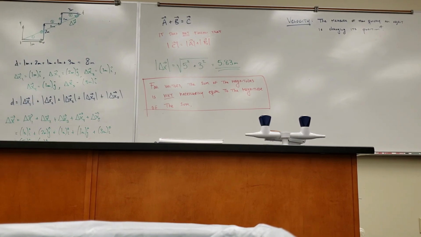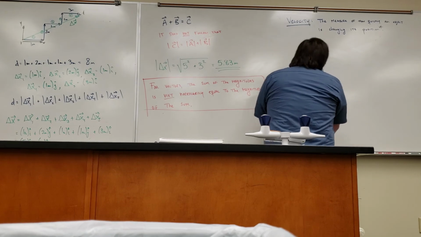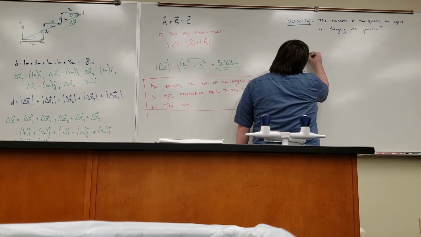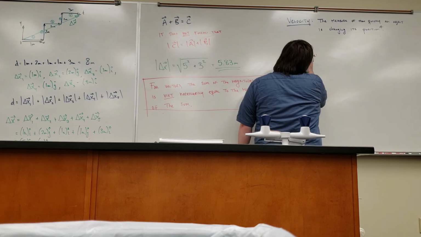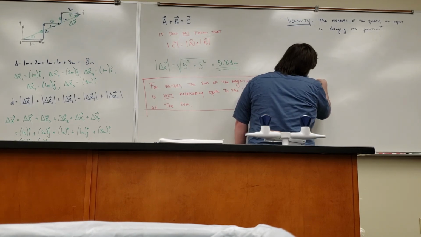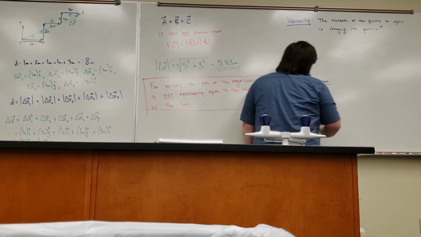In practice, there are two different types of velocities that you can measure, and they're measured in two different ways. You can measure the average of some quantity, and you can measure the instantaneous value of some quantity.